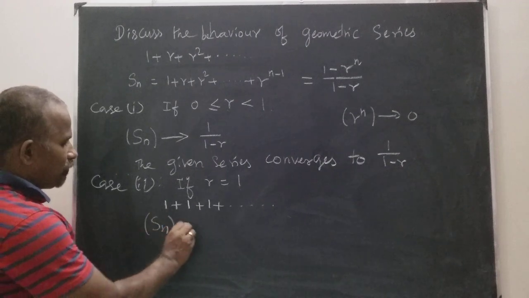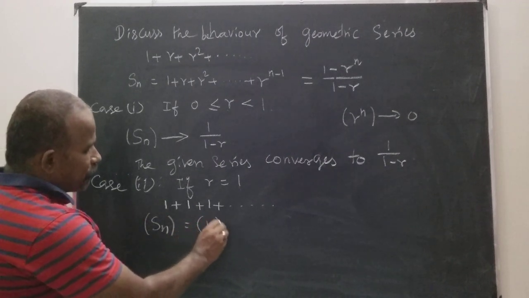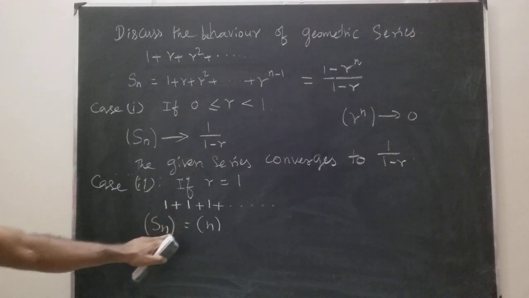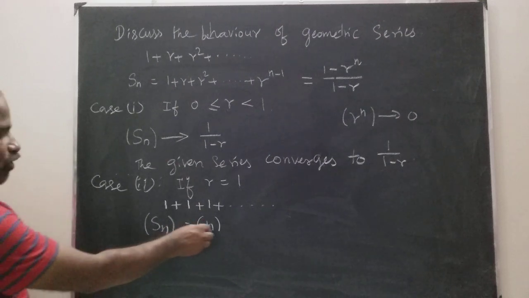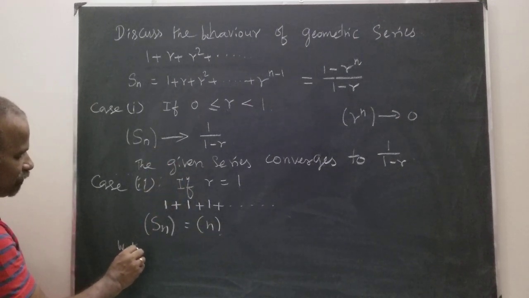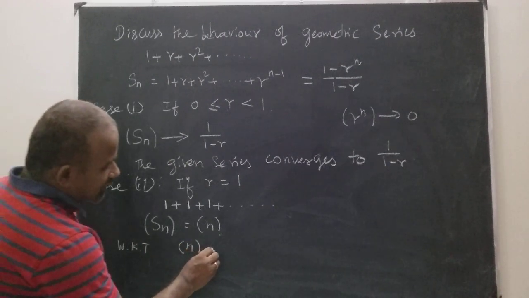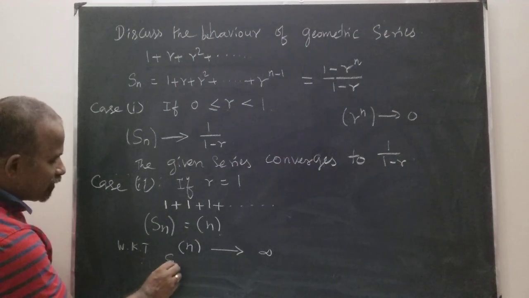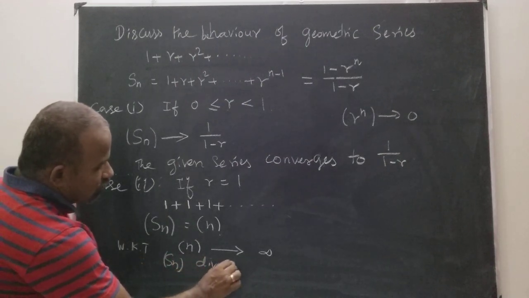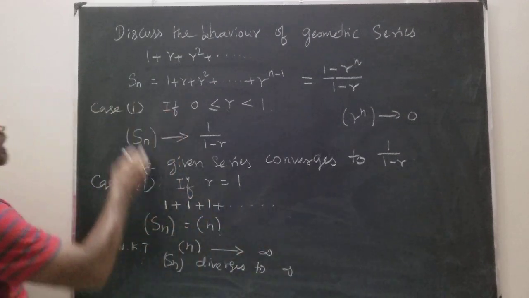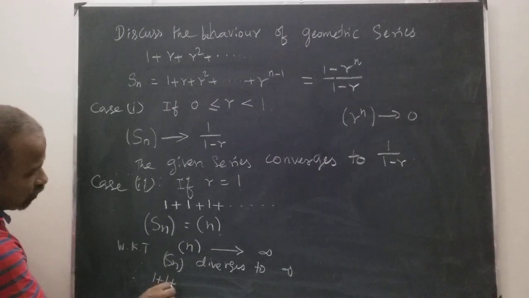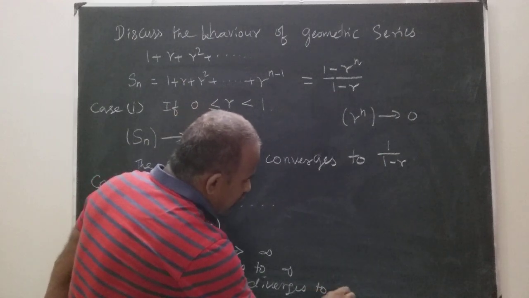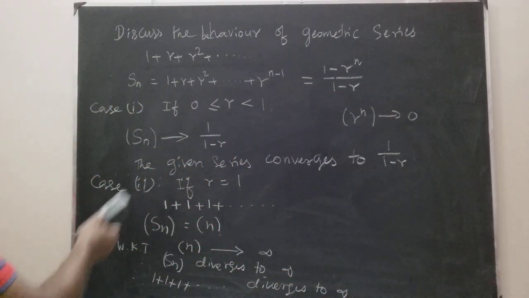Sn is equal to the sequence n, because S1 is 1, S2 is equal to 2, 1 plus 1 is 2, S3 is equal to 3, etc. We know that the sequence Sn diverges to plus infinity. Therefore, the sequence of partial sum diverges to plus infinity. Therefore, the given series 1 plus 1 plus 1 etc. also diverges to plus infinity.